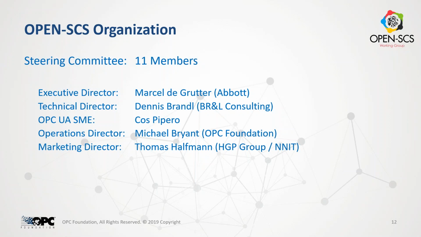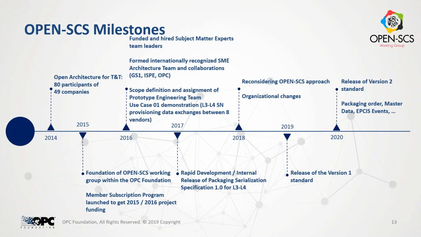So we have a set of people who are steering us, and then we also have a technical committee that is actually defining the standards and defining the interfaces. So we have a representation of end users and vendors supporting and working on this. The work was started in 2014, 80 participants, 49 companies.